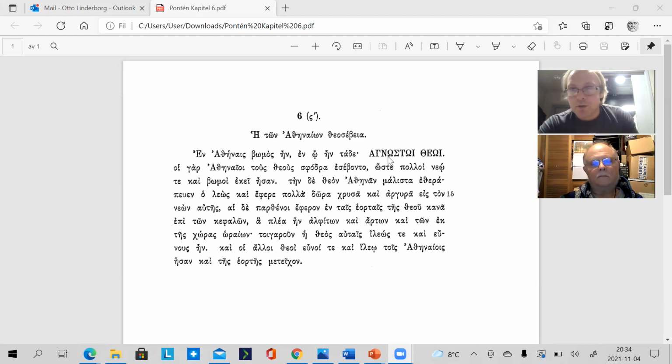So here it's just, as you said, for the unknown God, or to the unknown God, because there's no sentence there actually, it's just an inscription. So I suppose this is a real inscription. Yes, it is in the Agora. Almost all the inscriptions that he has gathered, who wrote this book in the early 20th century, he uses real inscriptions as the basis.